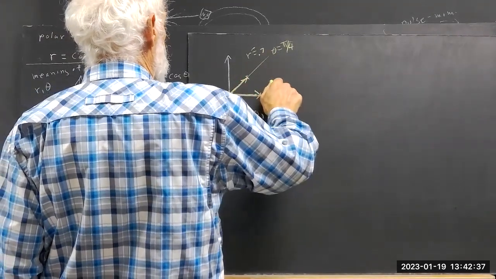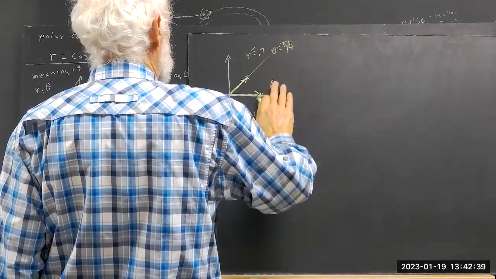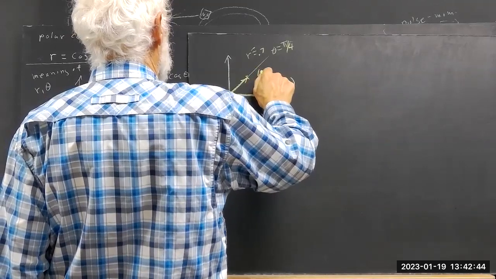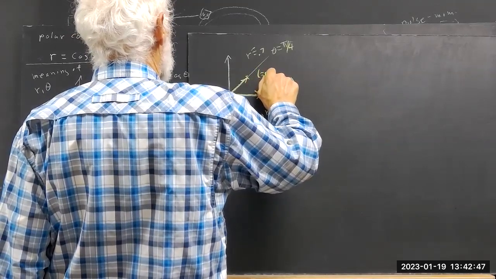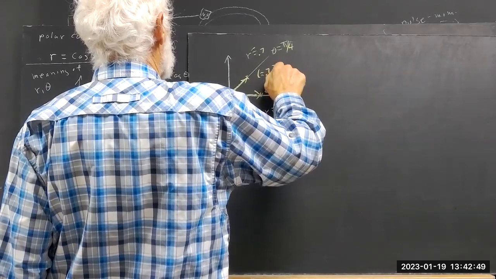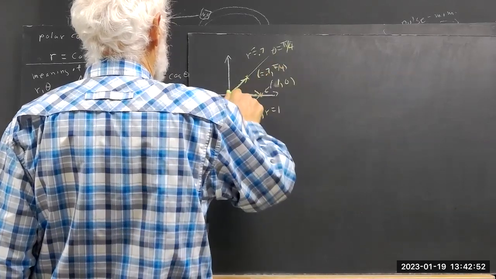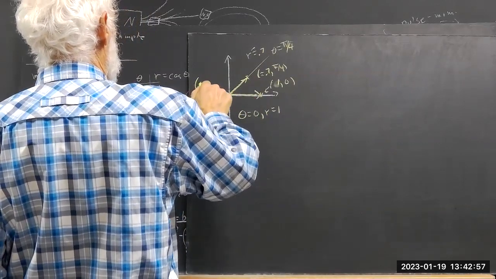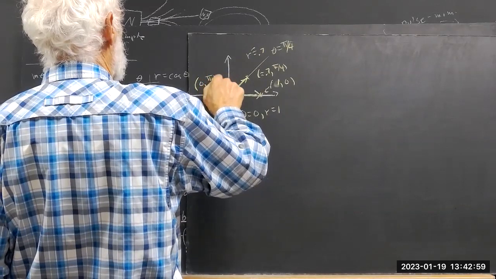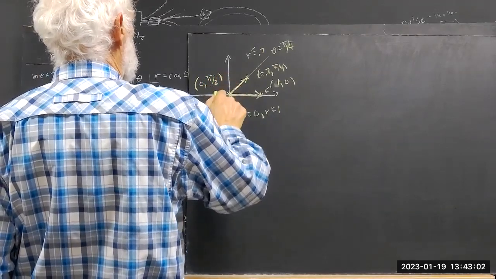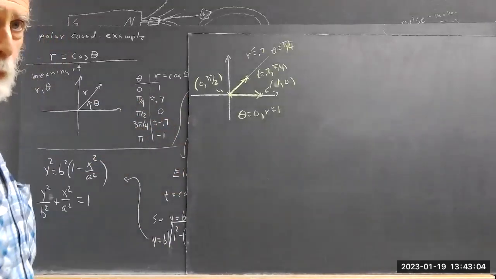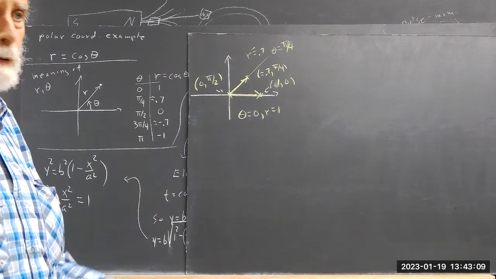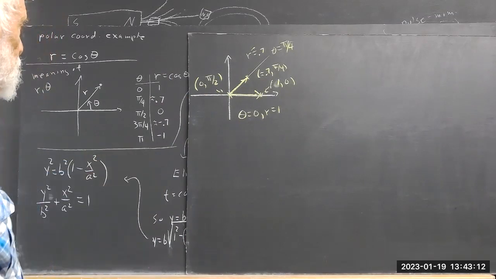Let me label these points. This point is 1, 0. This point is about 0.7, pi over 4. This point is 0, pi over 2. Just a different way of specifying points. Not particularly difficult, but some aspects sort of are.